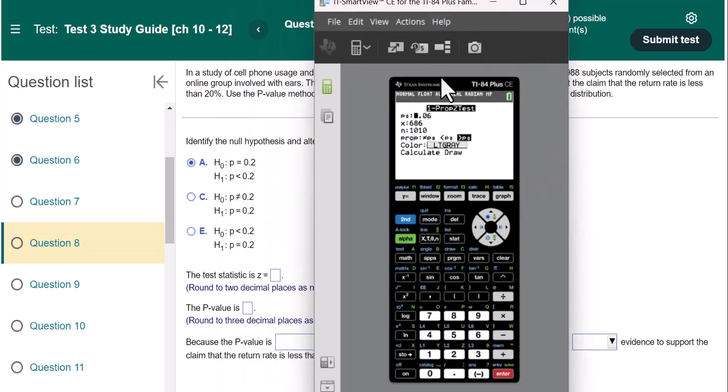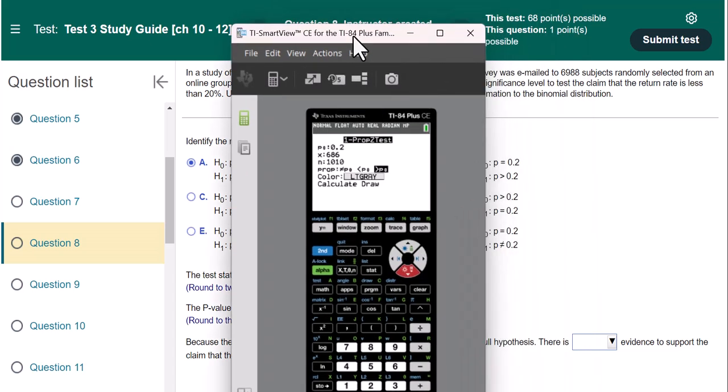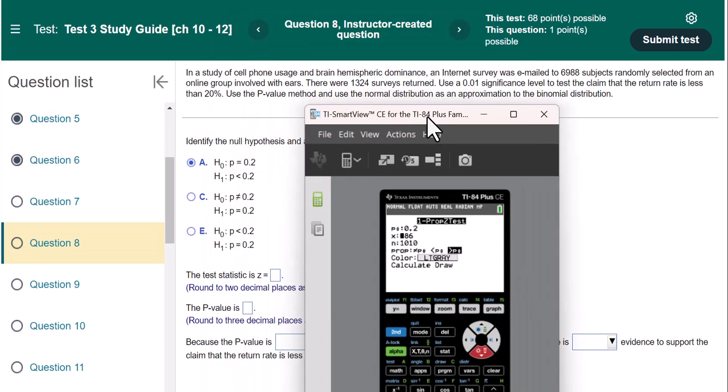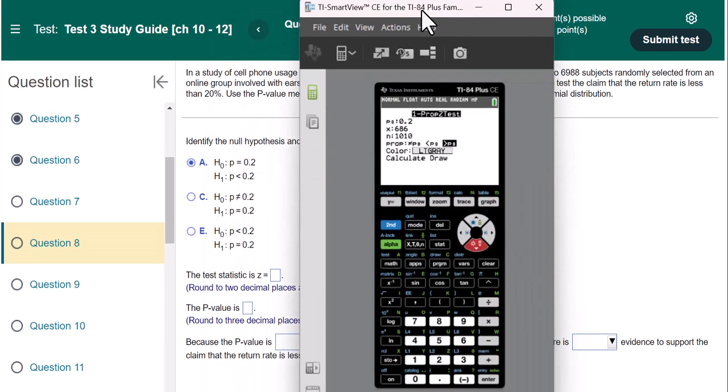It's 0.2, so just enter 0.2. And then you go to X, how many successes are there? So out of the sample of 6,988, 1324 returned the survey, so it's 1324. And N will be 6,988.